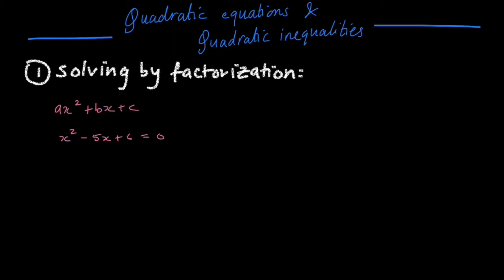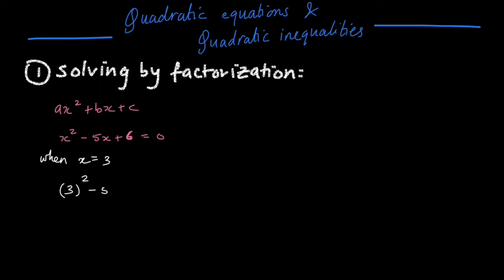What we're looking for is basically the value or values of x for which this equation is true, so for which this equation would equal 0. This is 6, by the way, not c. So when x is equal to 3, let's substitute it in and see if this works.